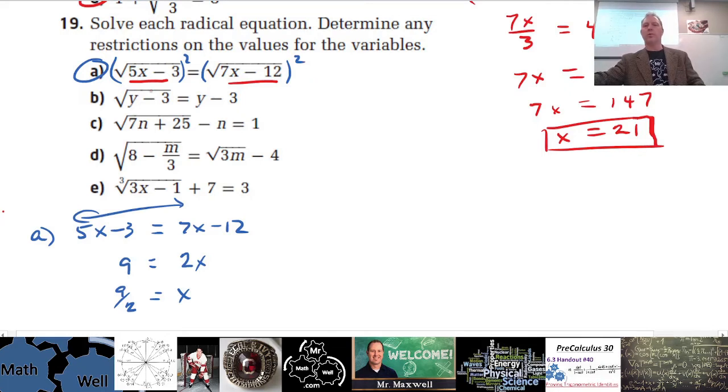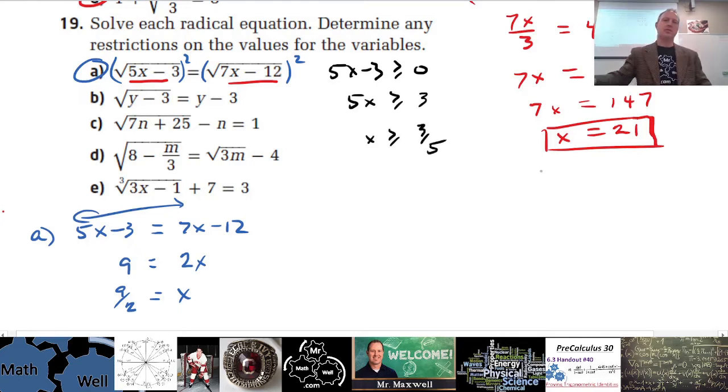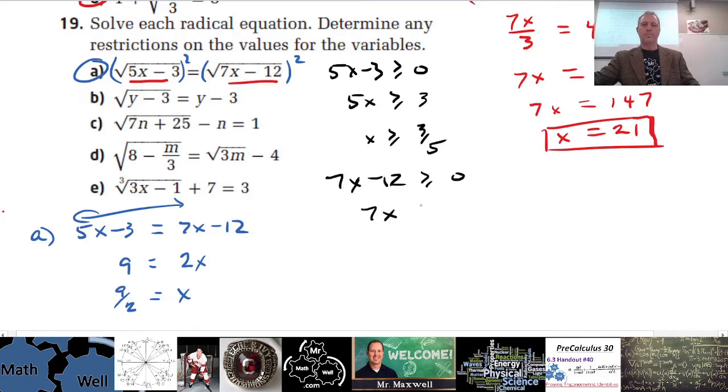So it has to work for both radicals. So what I mean by that is 5x minus 3 has to be greater than or equal to 0. So x has to be greater than or equal to 3/5. Also, at the same time, 7x minus 12 must also be greater than or equal to 0.